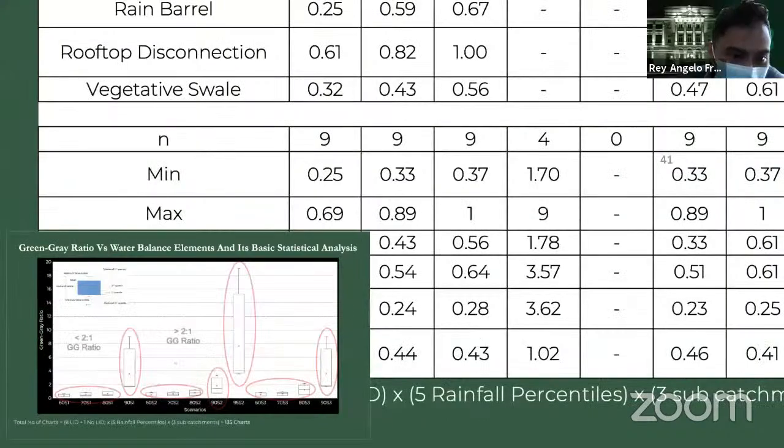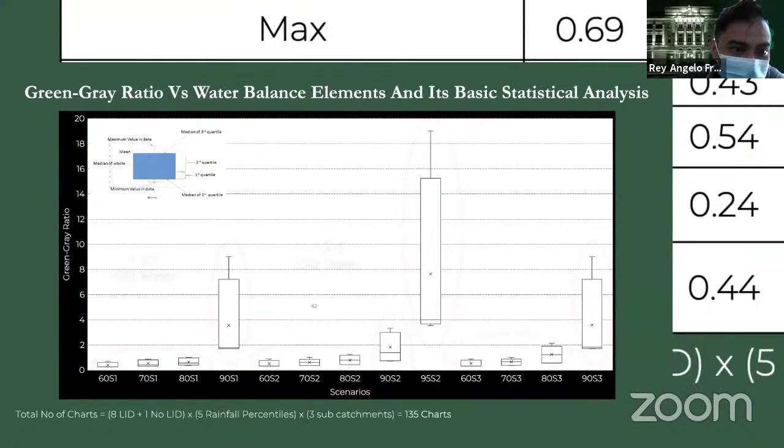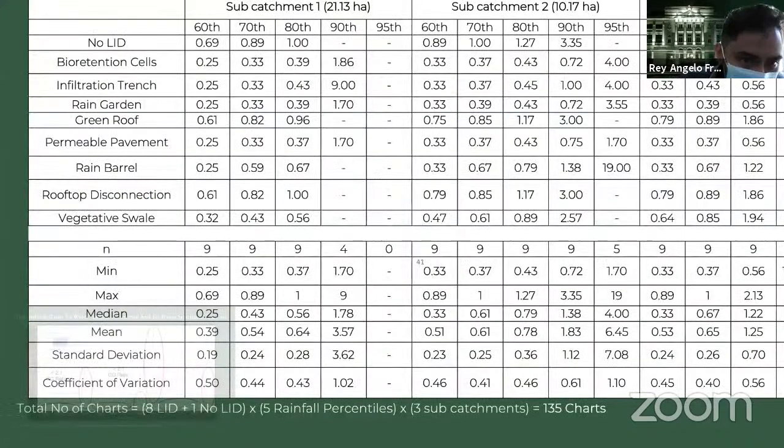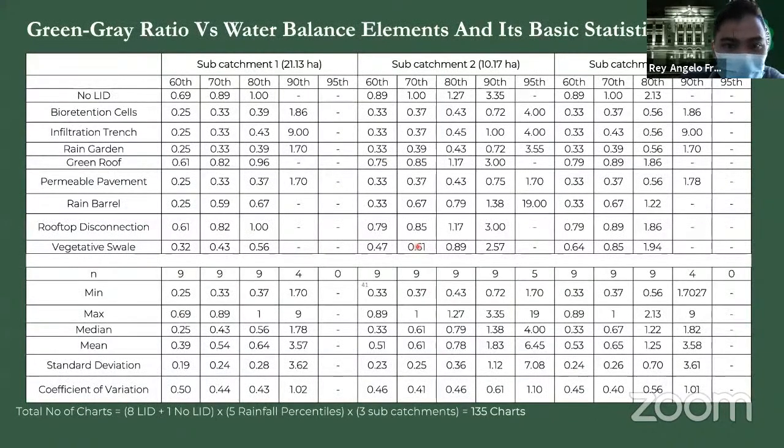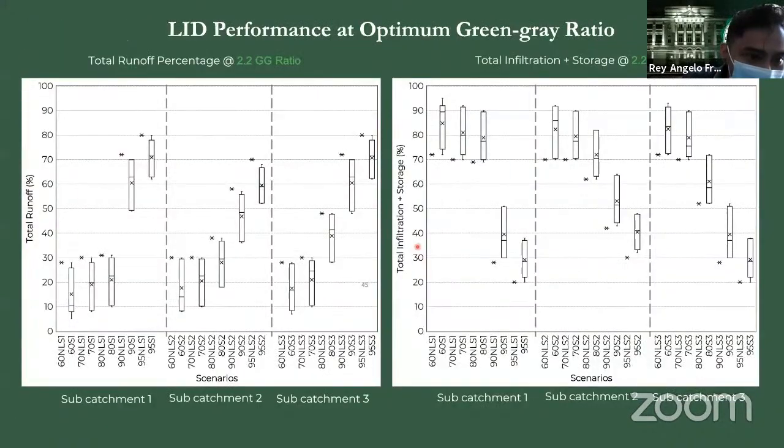So these are the green-gray ratios. Next, LID performance. As you can see here, for the optimum green-gray ratio of 2.2, there is a decrease in runoff, an increase in infiltration, and an increase in storage compared to the no-LID. The dot is the no-LID, and the charts are for the different scenarios.